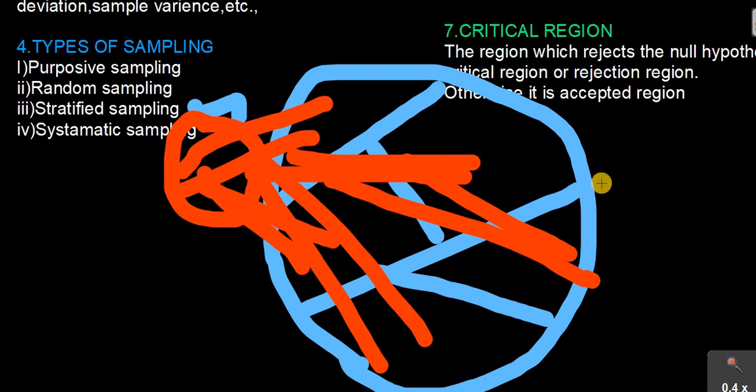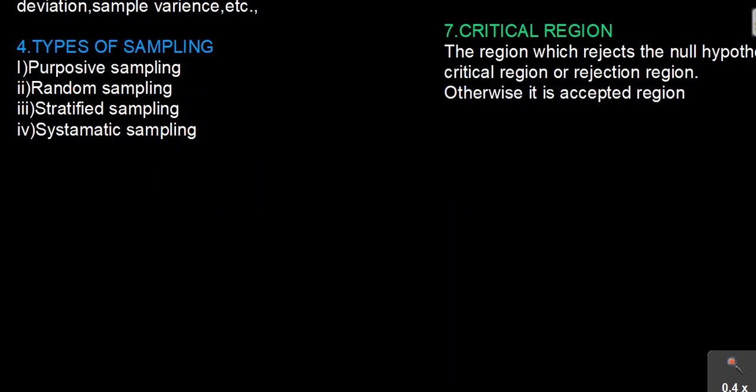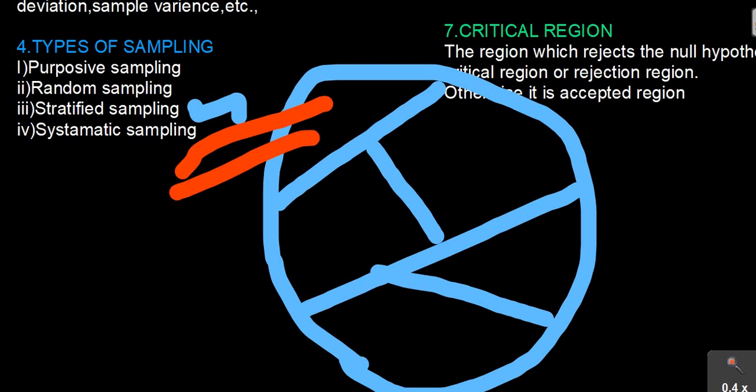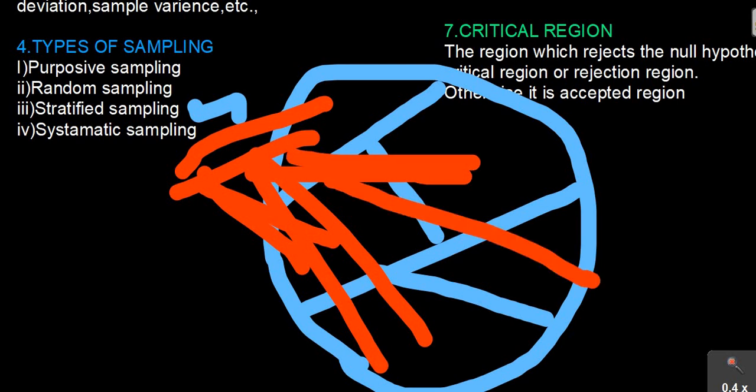This type of sampling is called stratified sampling. As I already told you, suppose this is a population, I am dividing it into many groups, then I am drawing a sample from each group, and this grouping and then sampling is called stratified random sampling.